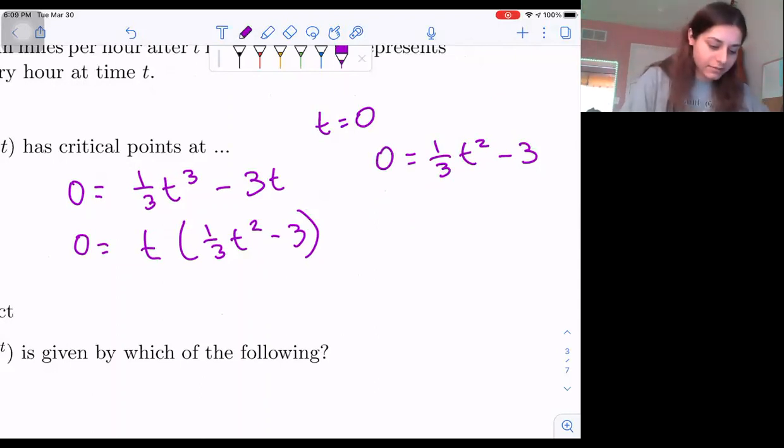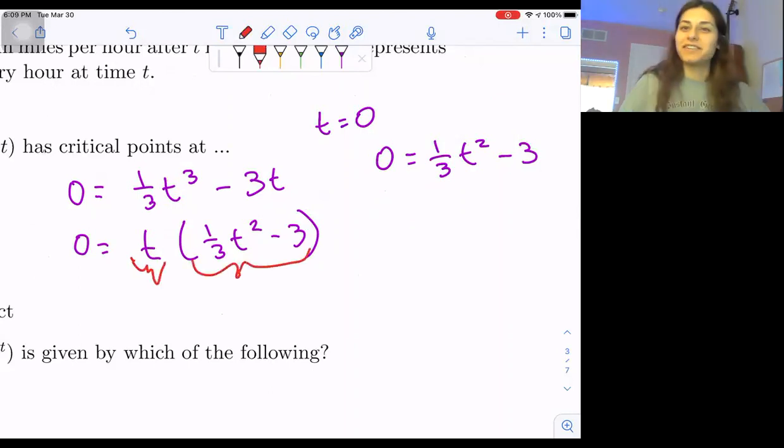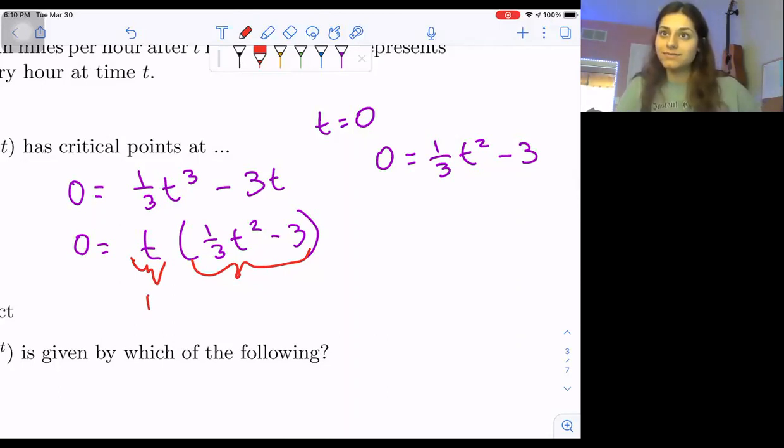If either of these components, this is one component, that's another component, is equal to 0, then our entire function will be equal to 0 because anything multiplied by 0 is 0. So if t is equal to 0, that first one, then the entire thing is 0. So 0 is one of our critical points.